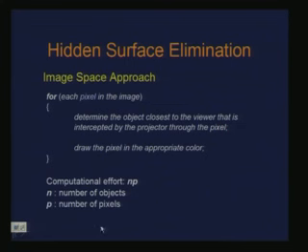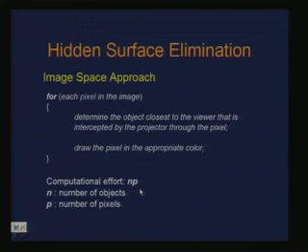So, if you want to look at the computational effort which is given here, let us say n is the number of objects in the scene and p is the number of pixels on the screen which need to be rendered. Then the computational effort is of the order n times p.